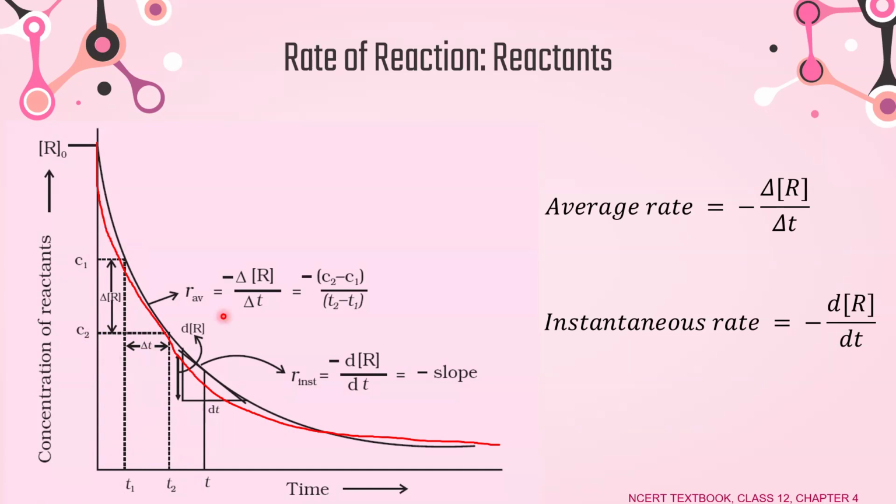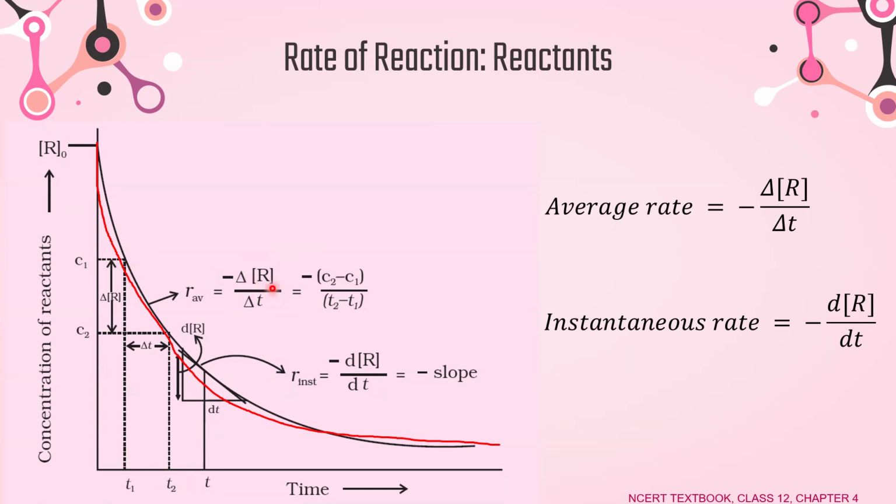In order to find the average rate, it is the change in the concentration of reactant divided by the change in time, and it is going to have a negative sign. Why is it going to have a negative sign? I'll tell you in a moment. Over here, we see concentration C2 for time T2 and concentration C1 for time T1.